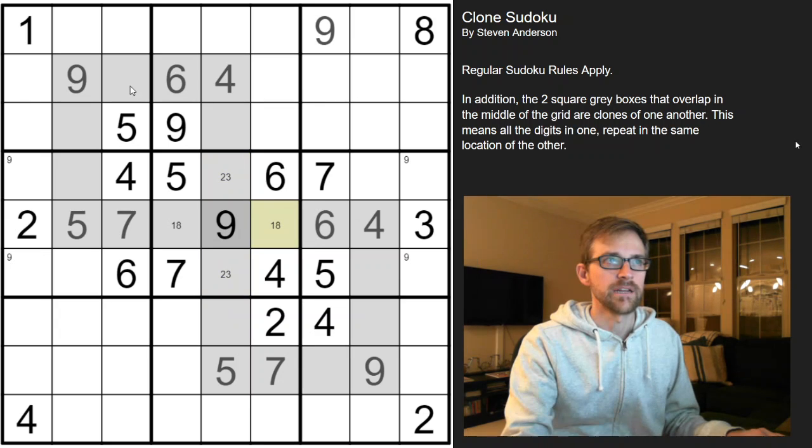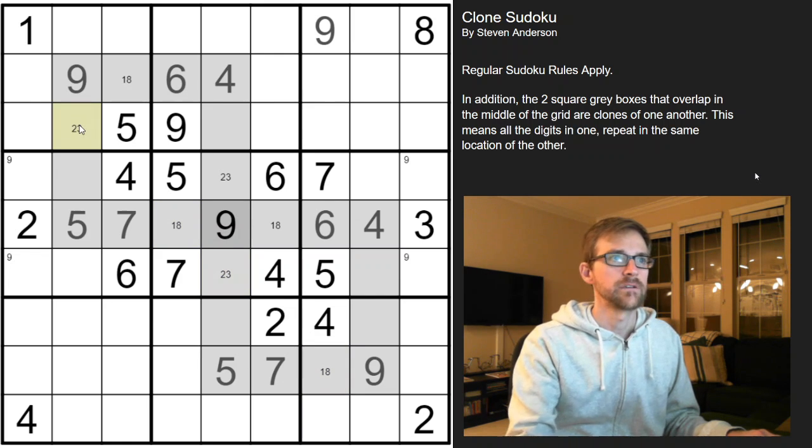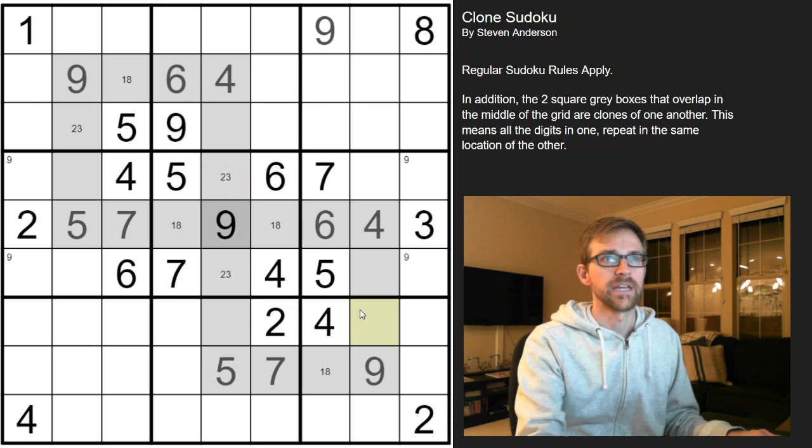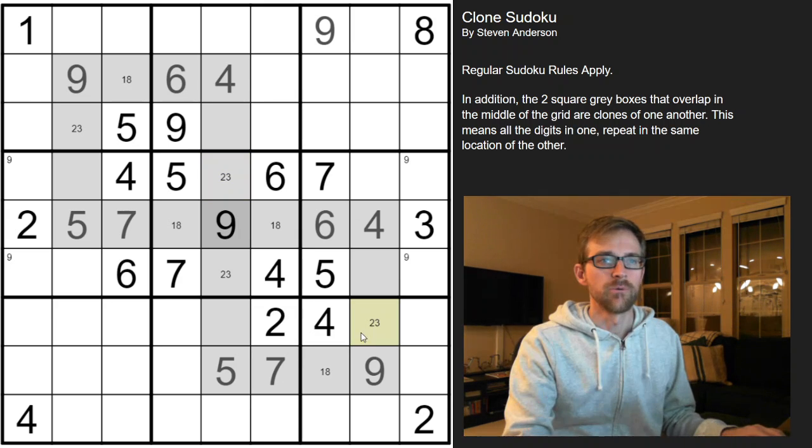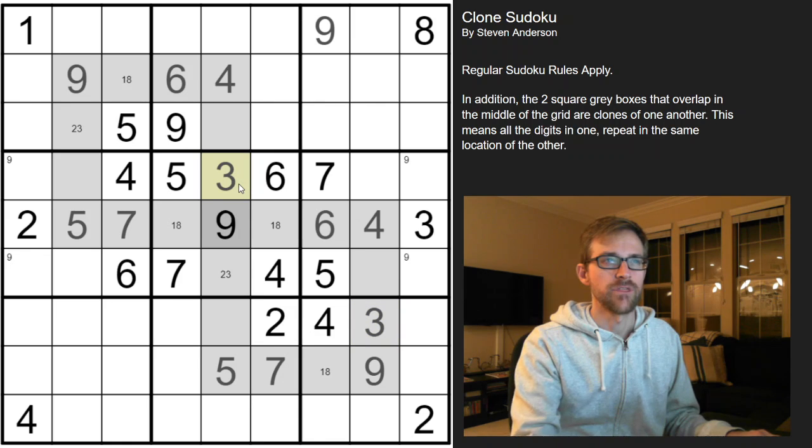And this 1, 8 communicates up here. This 1, 8 communicates down there, and then this 2, 3 communicates there, and this 2, 3 communicates there. And what we notice is that this 2 here makes this a 3, so we can make that a 3, again above the 9s there, and that makes this a 2, that's a 2.